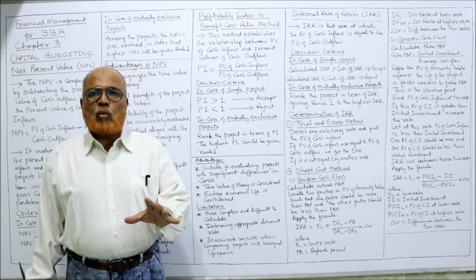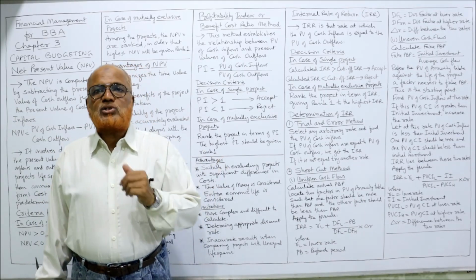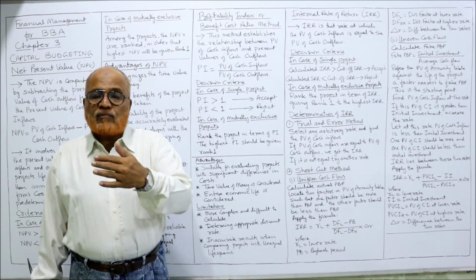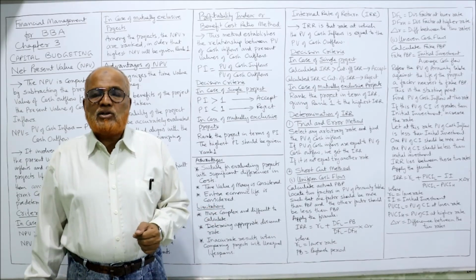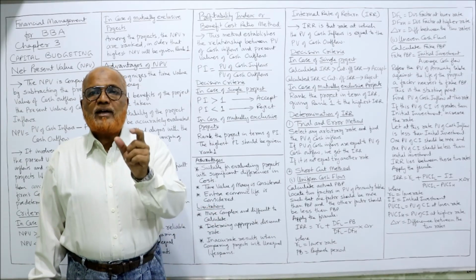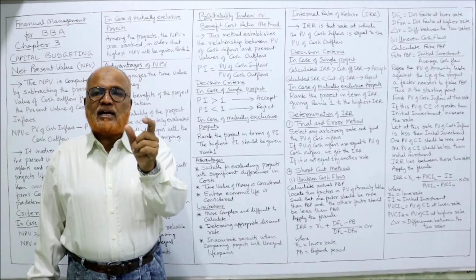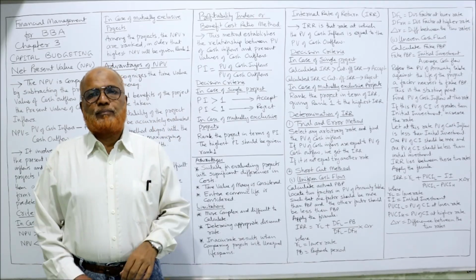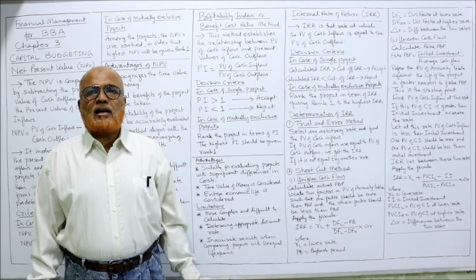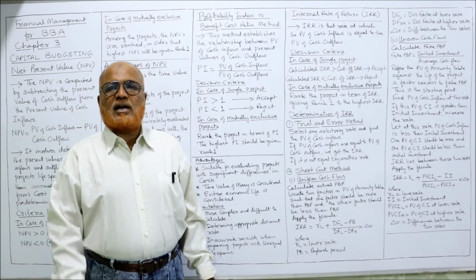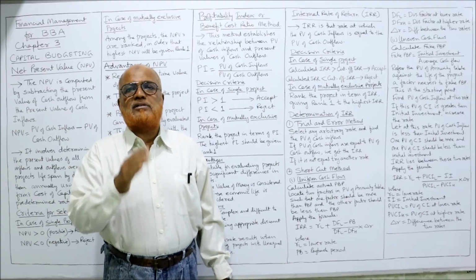So any business wants a higher return than the cost of capital. If the cost of capital is more and the return is less, why run the business? It will incur loss. That's why the cutoff rate is the weighted average cost of capital. That is called cutoff IRR. Suppose the actual IRR is 20%, whereas the cutoff IRR is 18%.